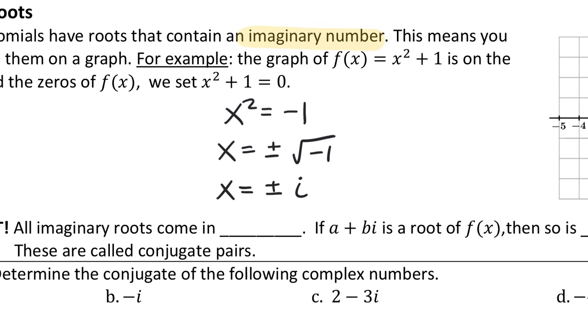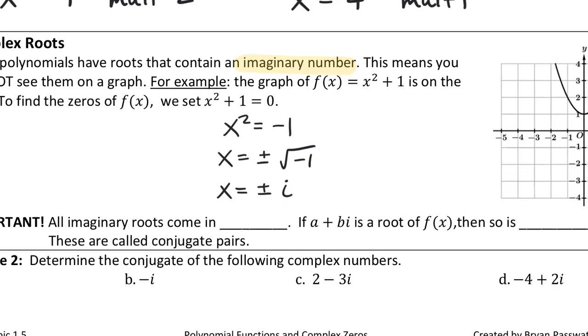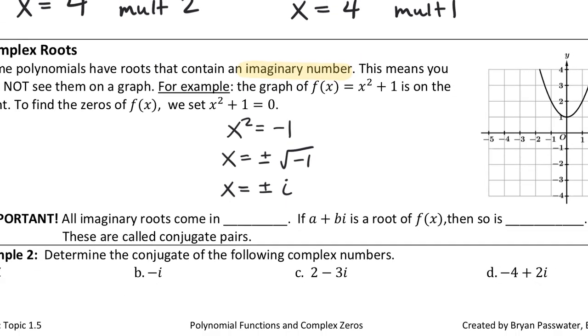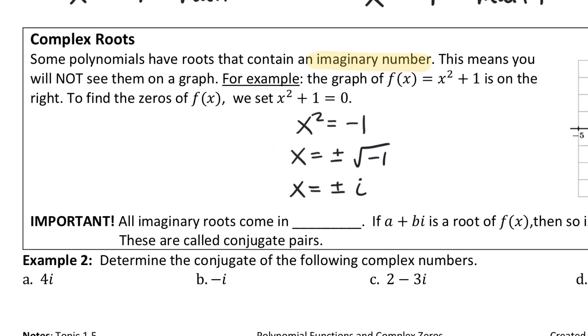Yeah, I recommend that. Now, if you notice, when we did this, we took the square root of something, so we put plus or minus, which means we have a pair of solutions here. Anytime you have an imaginary root, all imaginary roots come in pairs for that reason. Because we have to take the square root of something, we put plus or minus. They will always come in pairs.